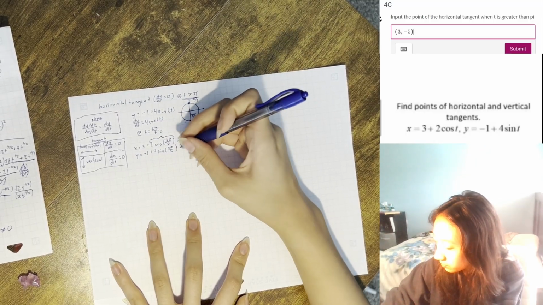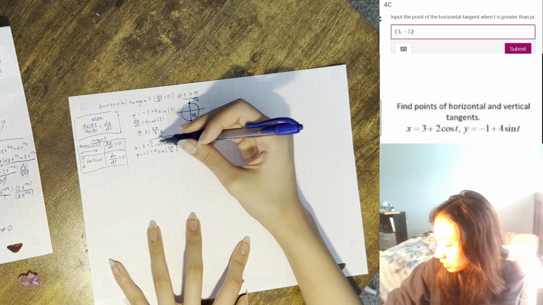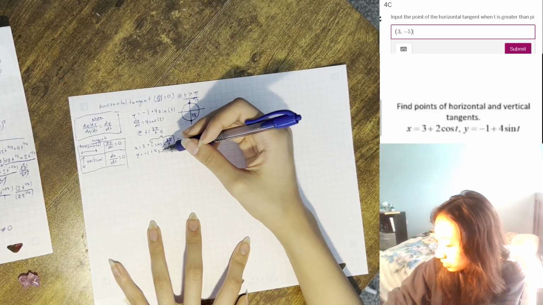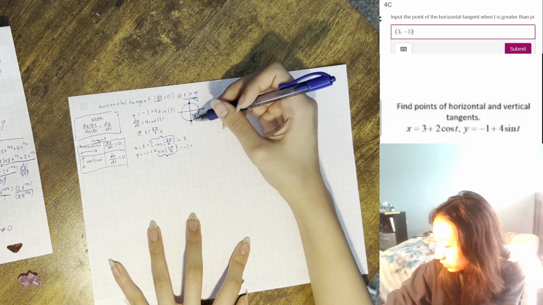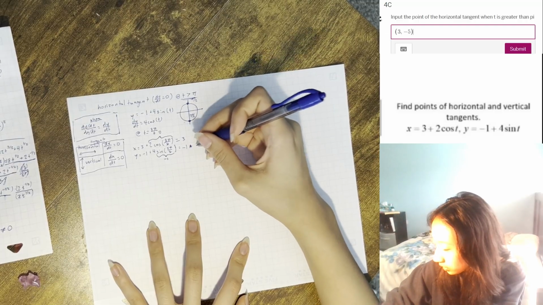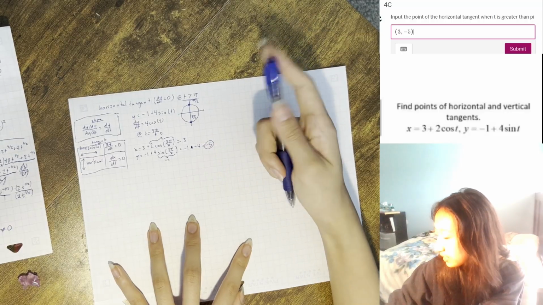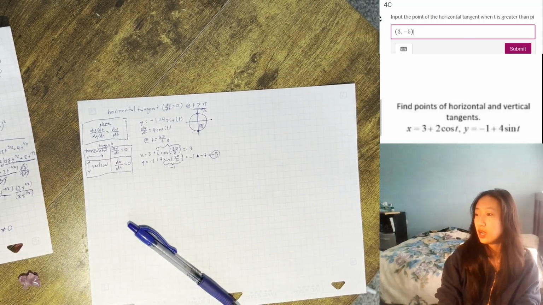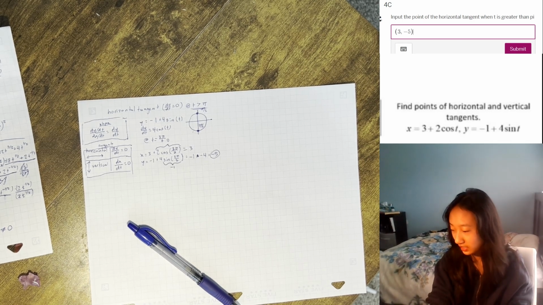So x just ends up being 3. And y is negative 1 plus 4 times sine of this value. At 3 pi over 2, sine is equal to negative 1. So you get negative 1 minus 4, which gives negative 5 as your y value. Wow, I wonder what this thing is.